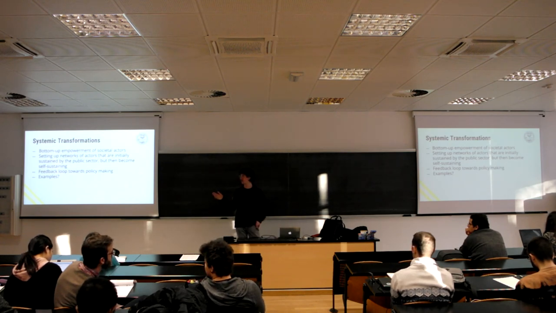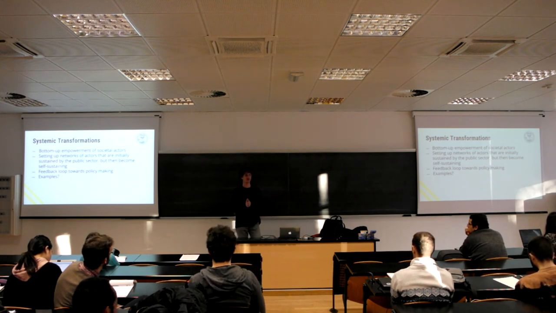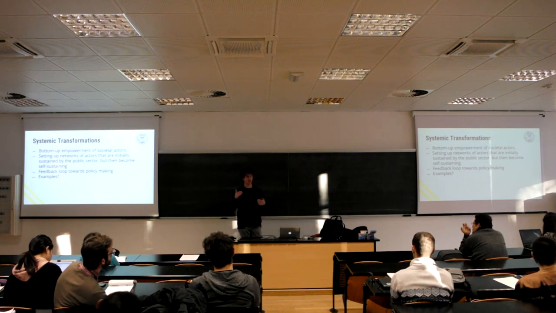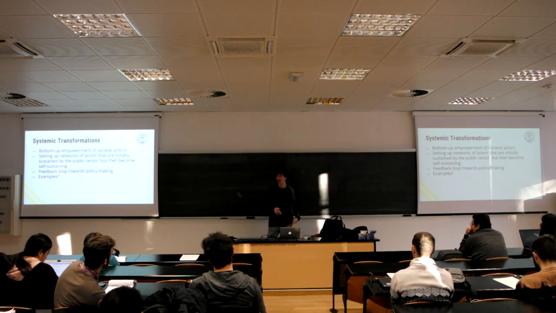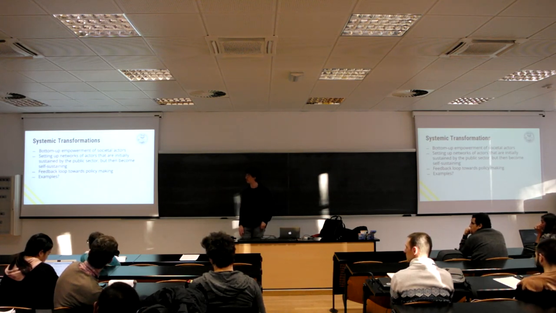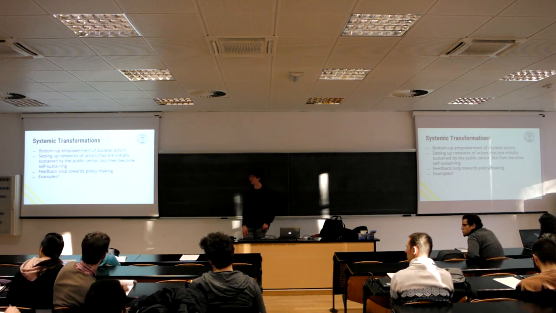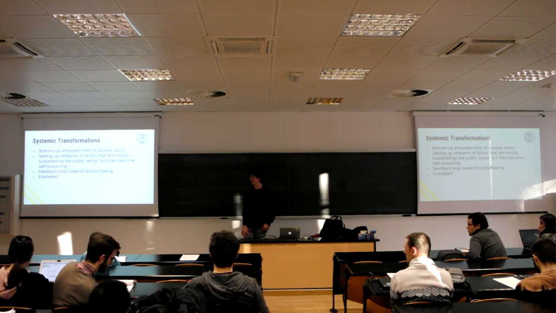For sure they have this kind of feedback loop towards policy making, in the sense that once they have been untied, we do see some situations in which bank decisions affect policy, politics, and state systems. For example, Bitcoin could be seen as something that started as a systemic transformation, at least at the beginning.